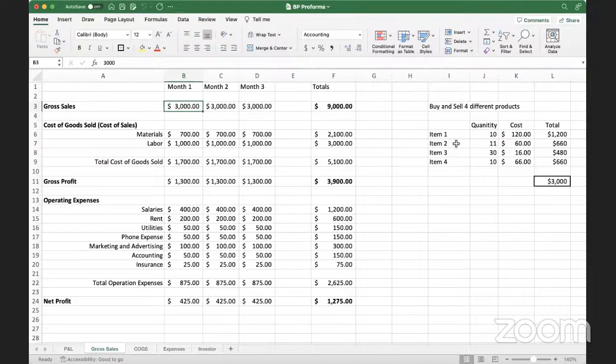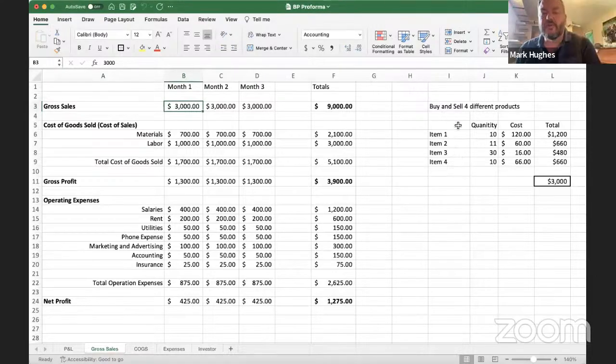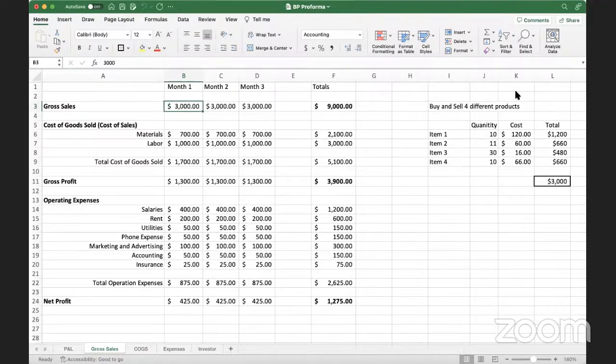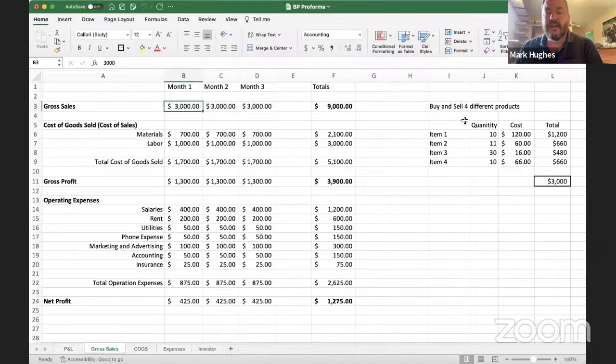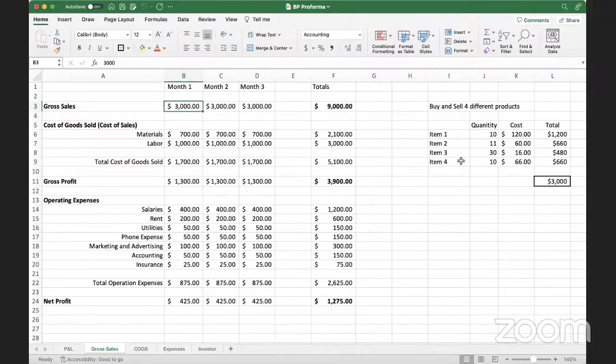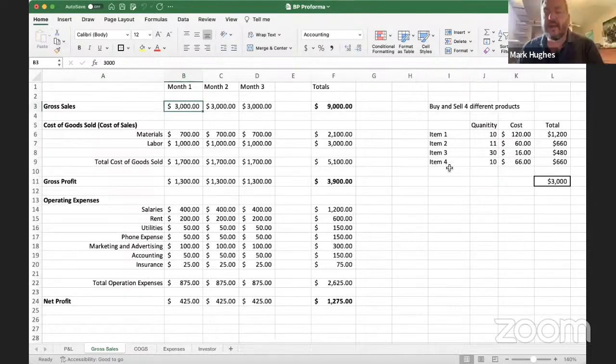So if you sold 4 different products, if you look at the right side, we could just call them item 1, item 2, item 3, and item 4.